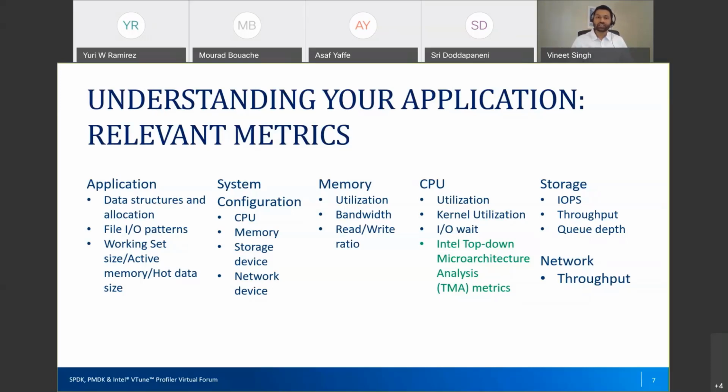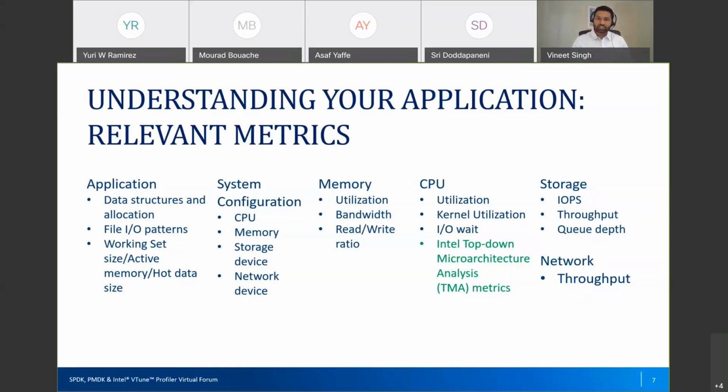Basically, these things are resources, and you need to know the max of these resources. What are the ratings on these different devices? Same goes for network device. In particular use cases, you need to understand that network can become a bottleneck after you switch to persistent memory. So you need to be aware of what kind of network device you're using.